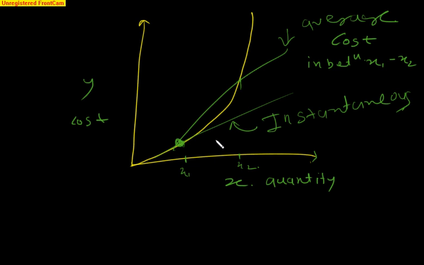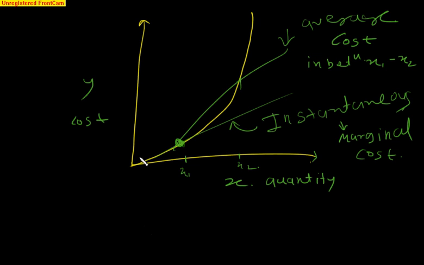And if I want to find out cost at x1, this tangent at that point is nothing but the instantaneous, or you can say marginal cost. It is the cost at x, meaning at exactly that quantity, and this average cost is between two quantities.